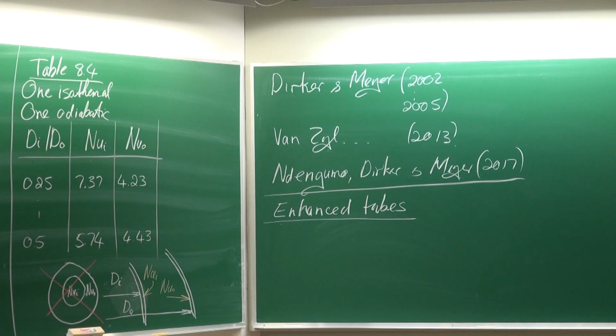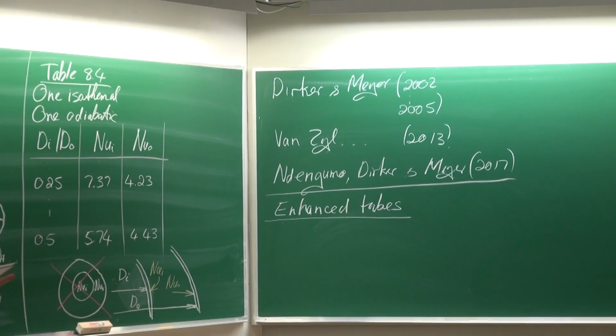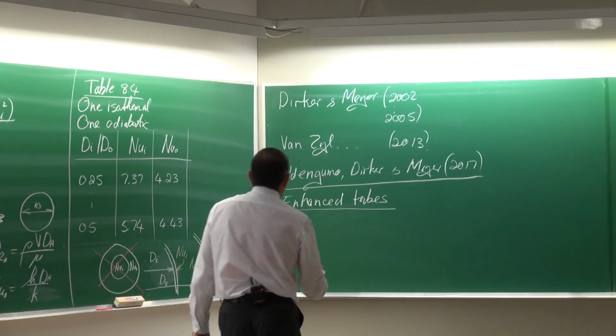Tube in tube, where you just take two circular tubes, you put them the one inside the other, but they take up a lot of area, and for that reason a lot of work has been done to improve heat transfer.